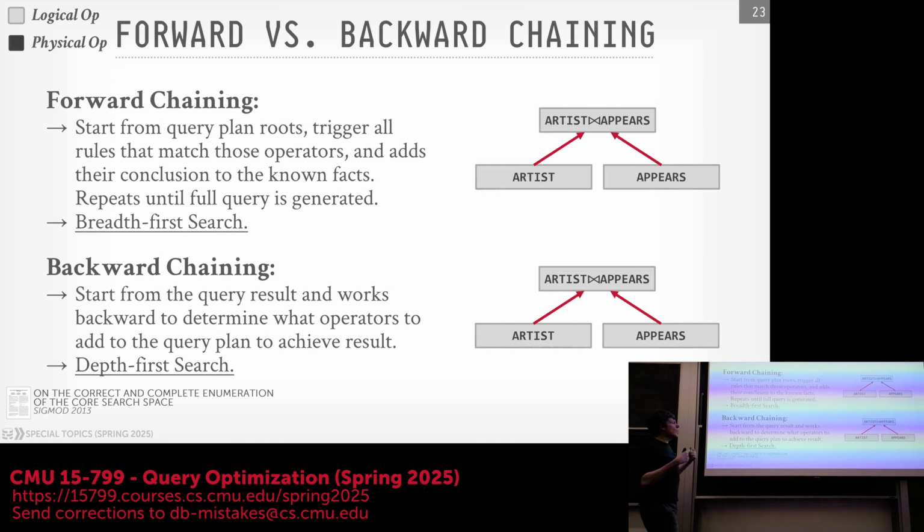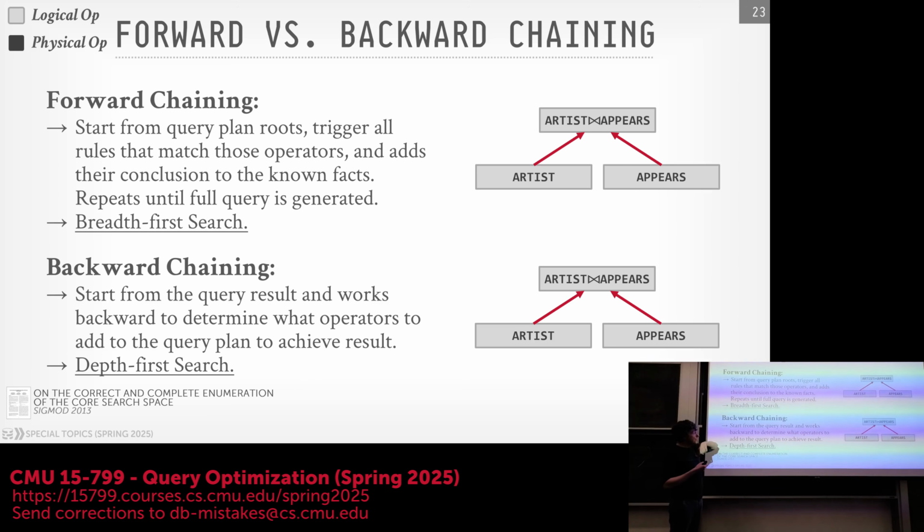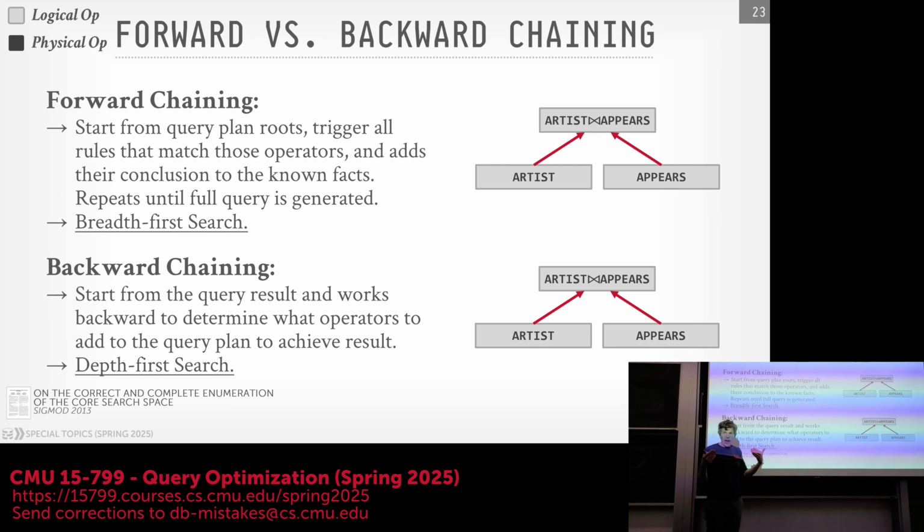So again, top down versus bottom up, or forward chaining versus backward chaining, right? At a high level, the two terms are basically the same. But just for clarification, forward chaining is really defined in terms of logic. We see here's the facts that I have, right?